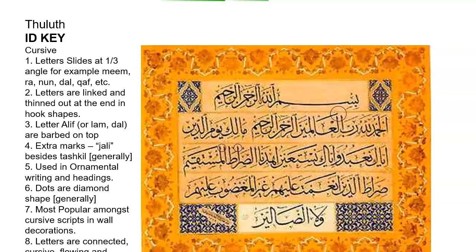In Thuluth, look at the cursive nature of the script, overlapping letters, plus all ornamental marks, and memorize the way Allah is written in this script. That's a pretty big one too. So if you can't recognize it from the aleph, the word Allah also gives it away. If you could recognize the word Allah in each script, you would know those scripts. Okay, so that's really a good way to look at it.